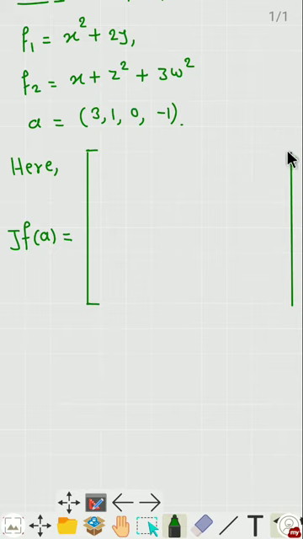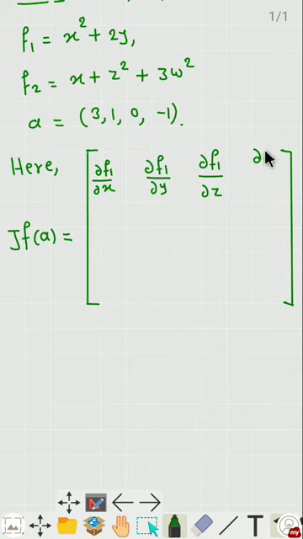So matrix notation. Two rows. So what is the first row? The first row has 4 columns: dou f1 by dou x, dou f1 by dou y, dou f1 by dou z, and dou f1 by dou w.